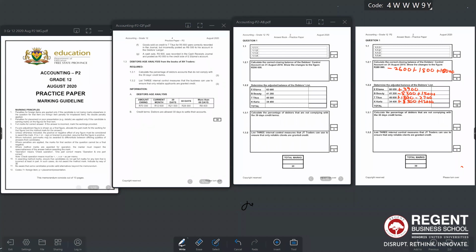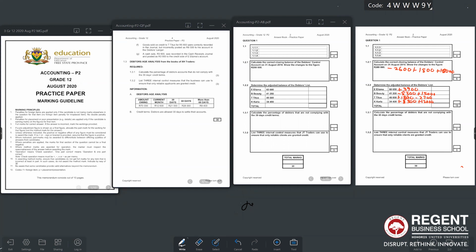Okay, right now what you'll need to do is extend the figures and put them in the money column and give me the totals. If I do the calculation for the debtors control, I've got 200,000 minus 2,600 plus 1,800 plus 15,000.